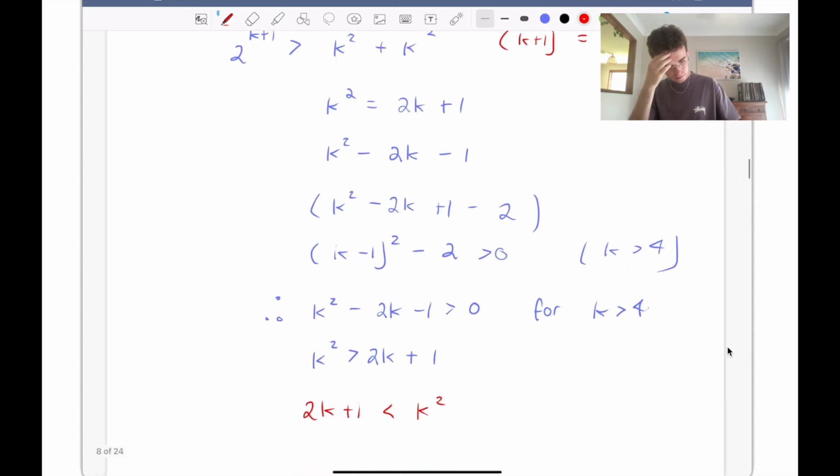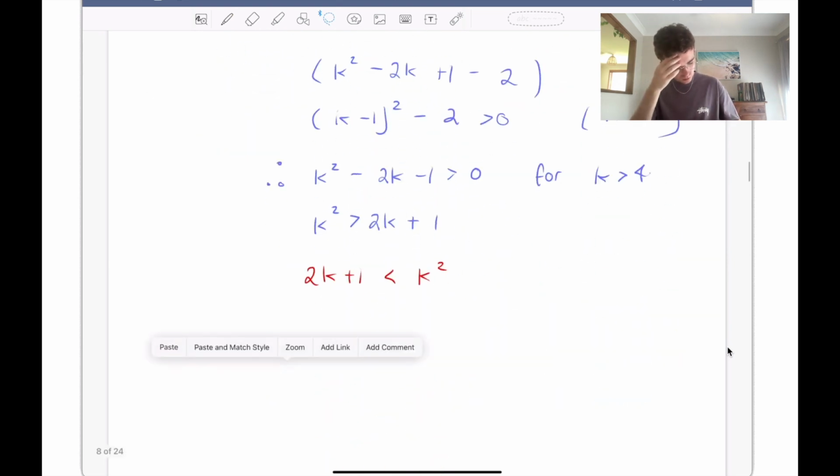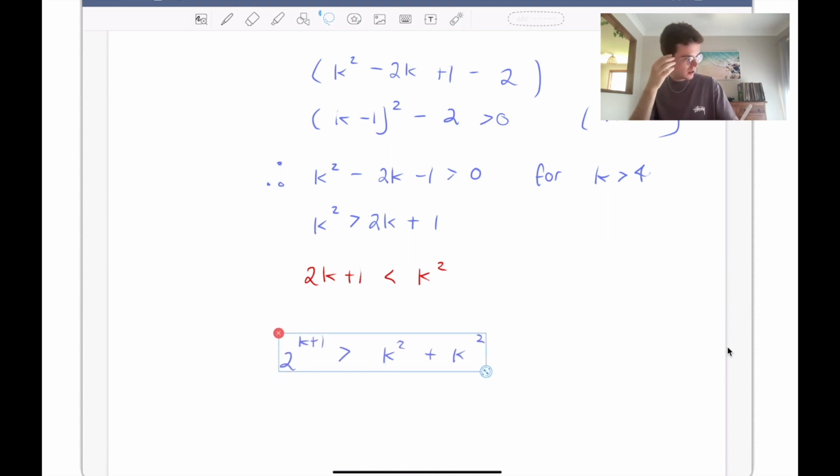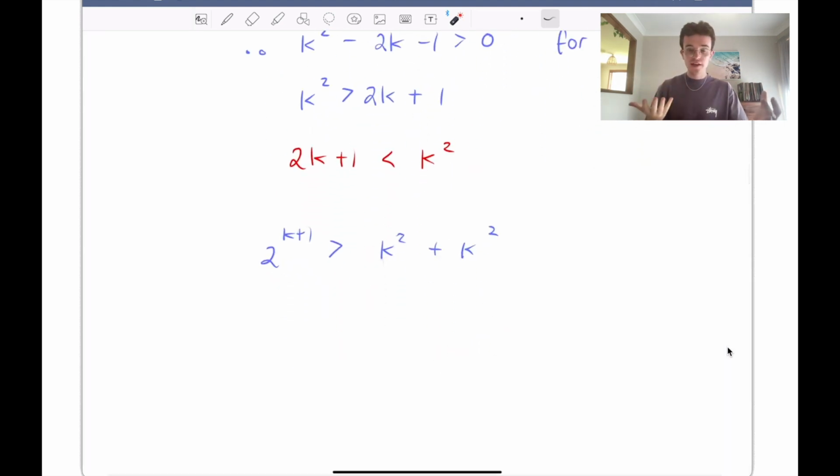Right. So what we were trying to do initially, if I copy this here and put it down here, is replace this with 2k plus 1. But I can't just randomly replace things in an inequality without it really affecting the inequality sign.